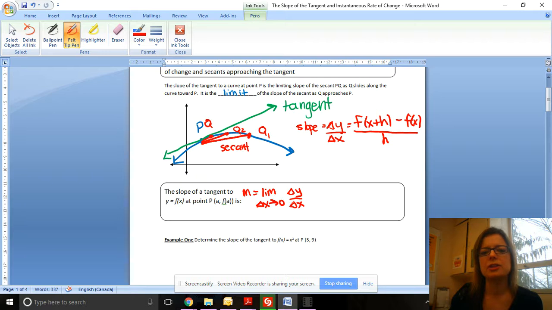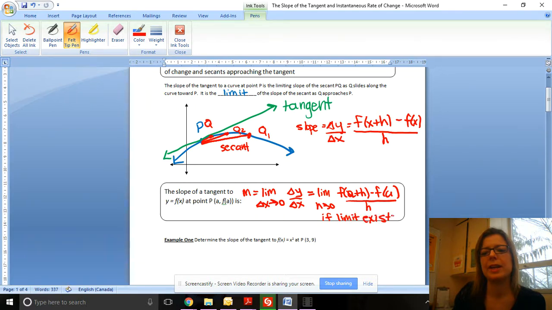We want this change in x, the distance between P and Q, to approach 0, to become so infinitesimally close to 0 that it's practically there without actually being there, because if it actually was there, we couldn't evaluate it. This is the same thing as saying the limit as h approaches 0 of the difference quotient. Sorry, let's just say f at A plus h minus f at A all over h. And then we can say, if the limit exists.